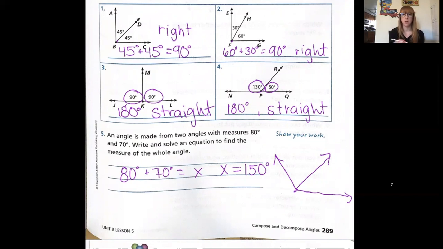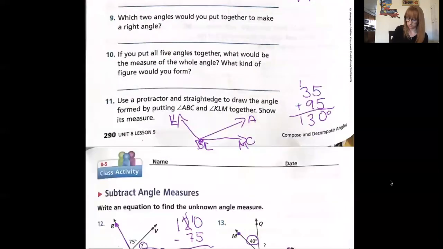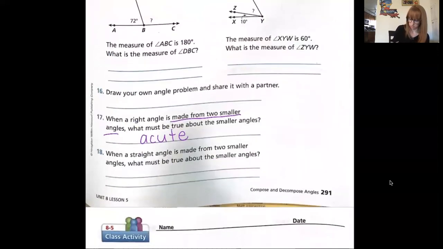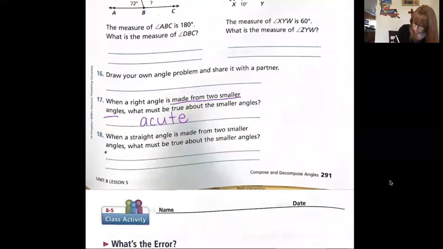Again, it doesn't work. But it can be made of either one obtuse angle and one acute angle, or two right angles. So I'll do bullet points. Two right angles, or one obtuse plus one acute.